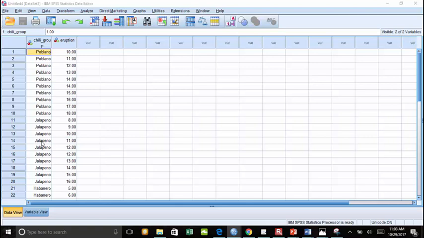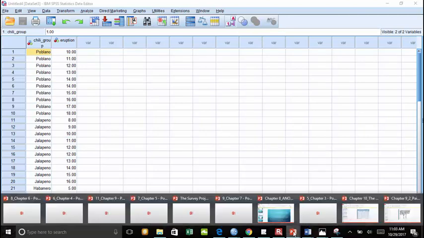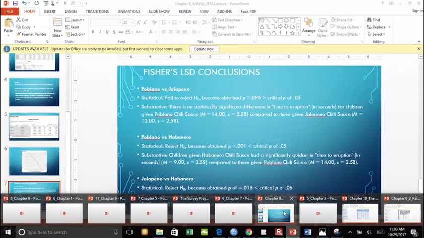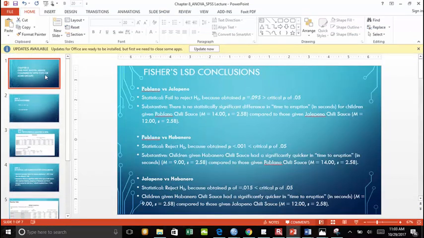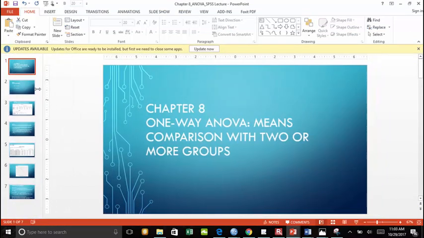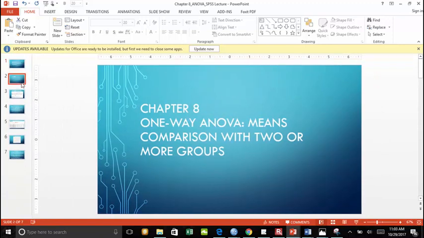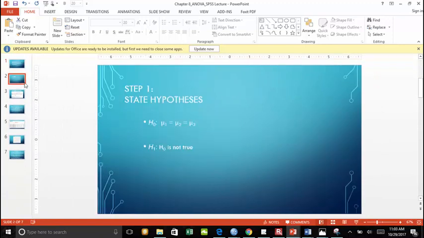The descriptions for running the analyses are on page 109, but let's go ahead. I've got my SPSS lecture right here. As always, we start with our hypotheses, and the hypotheses are always the same for any ANOVA that has three groups.